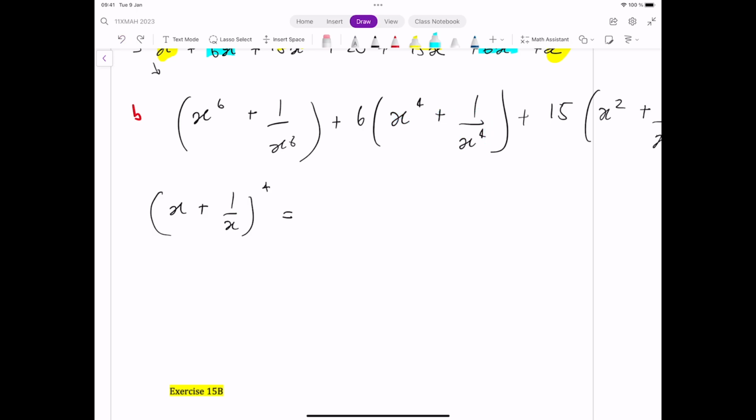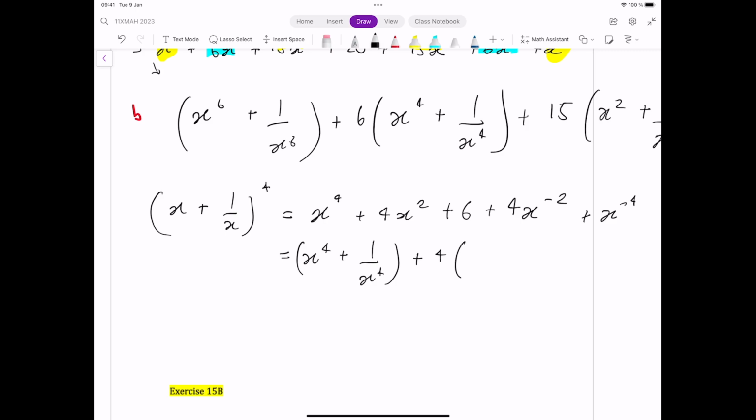So this is going to equal, I'm just going to do this quickly, x to the power of 4 plus 4x squared plus 6 plus 4x to the power of minus 2 plus x to the power of minus 4, which is going to equal x to the power of 4 plus 1 on x to the power of 4 plus 4 times (x squared plus 1 on x squared) plus 6.